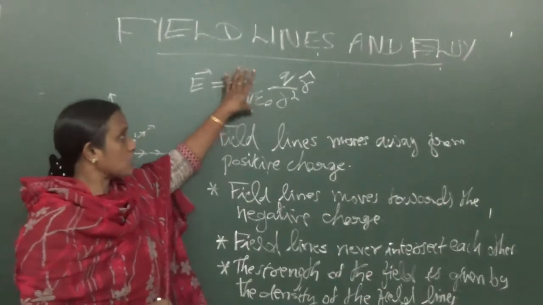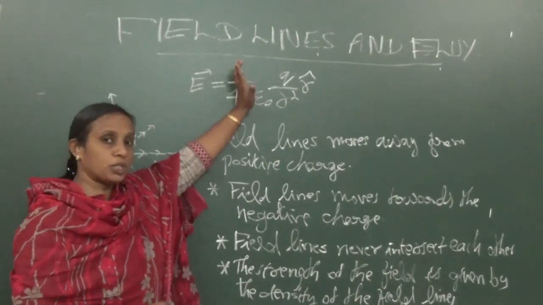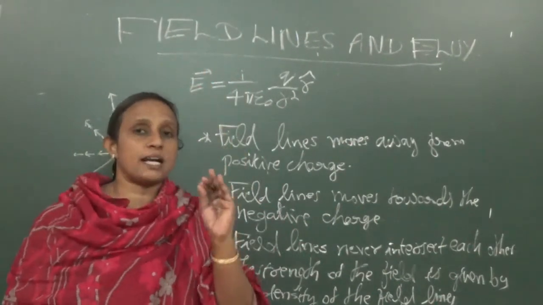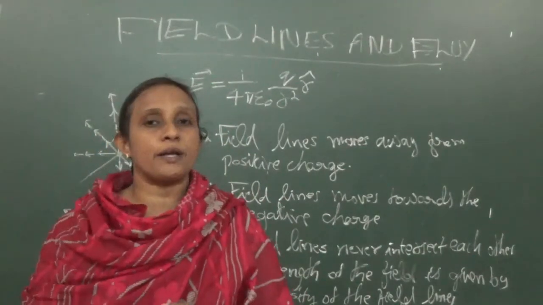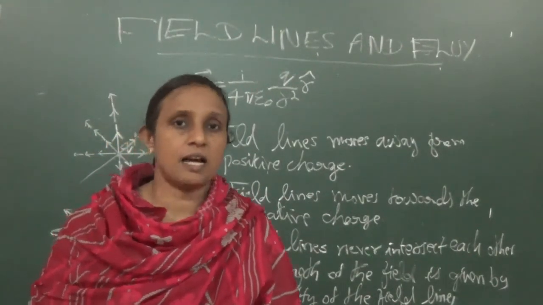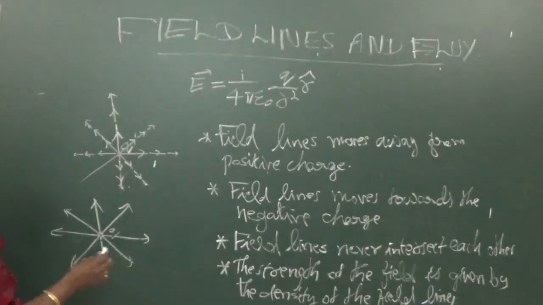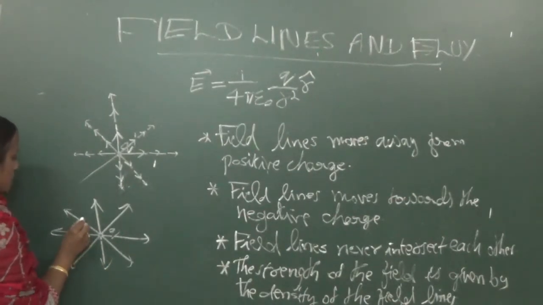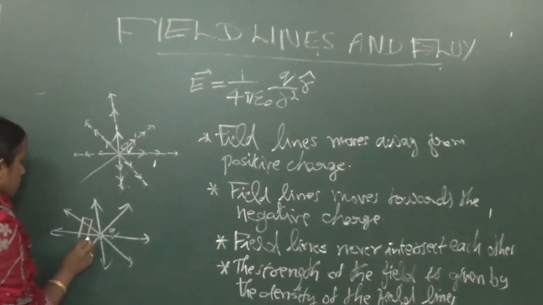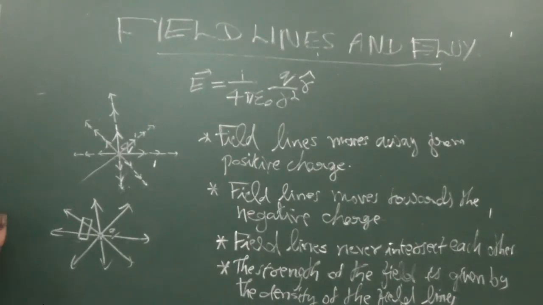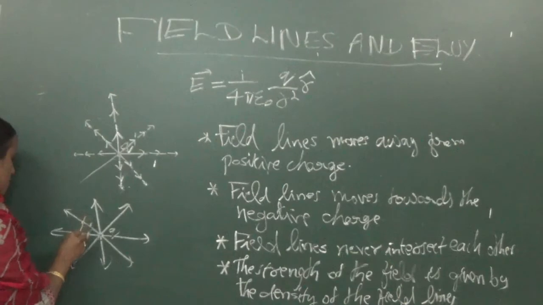Now, the strength of the electric field is proportional to the number of field lines passing through a particular area. For example, suppose you want to check field lines through this area. Suppose this is our area.